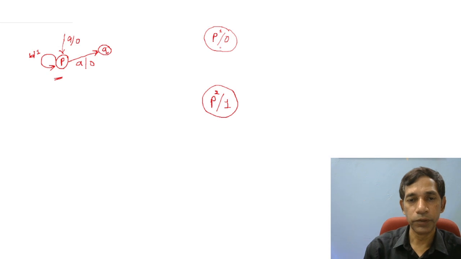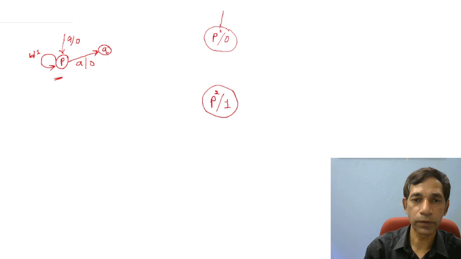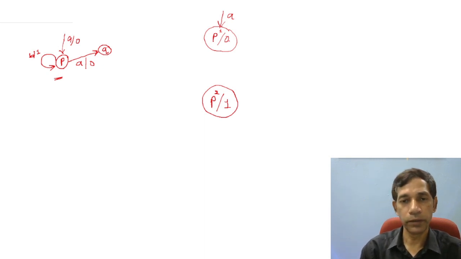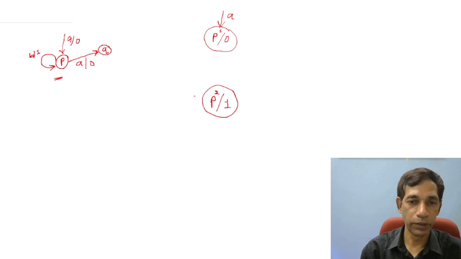Now the incoming edge of P is A, which produces the output 0. So it comes, and this is coming for the A, and once it enters the state P, it is going to produce the output 0.